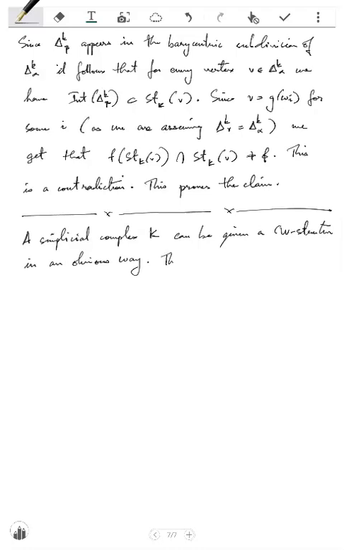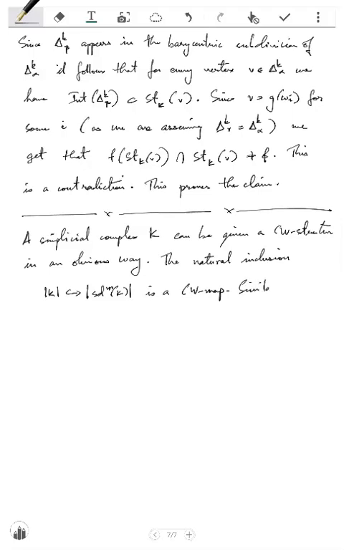So the natural inclusion mod K, mod of the subdivision, and its subdivision is a CW map. So both these assertions are clear.